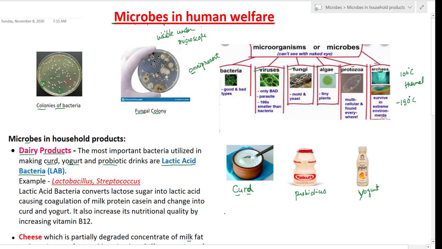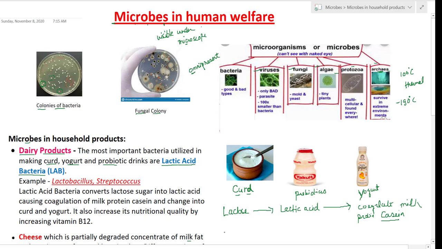It converts the lactose sugar of milk into lactic acid, and this lactic acid, because it is an acid, coagulates the milk protein casein, which is present in the milk. Casein is the protein of milk, and the different products are formed, like curd, probiotics and yogurt.